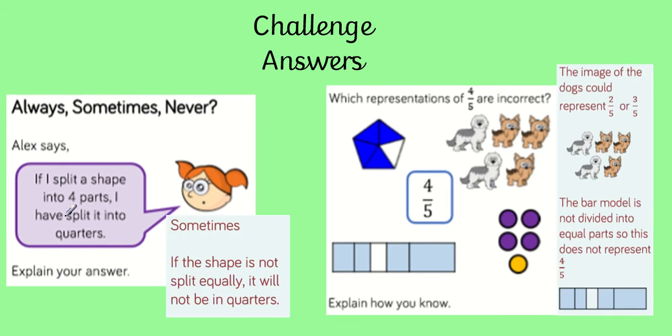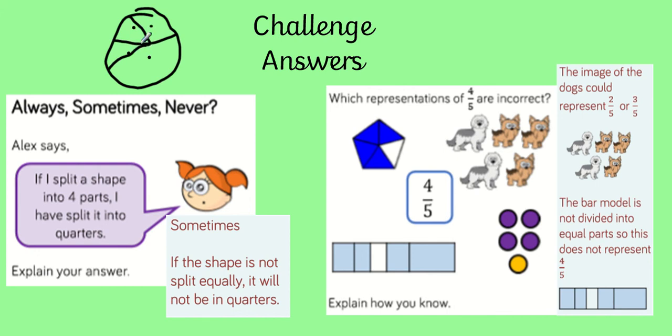Okay, here are our answers then. So if I split a shape into 4 parts, I have split it into quarters. And the answer is sometimes. If the shape isn't split equally, it won't be in quarters. So if I have a nice circle here and I just split it into 4, 1, 2, it's 2 bits, 3 bits, 4 bits, so 1, 2, 3, 4 parts.